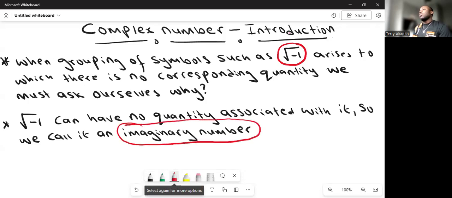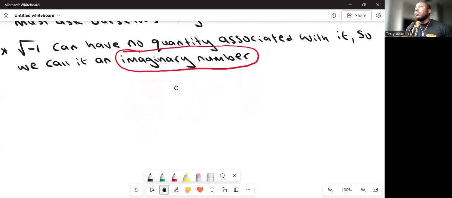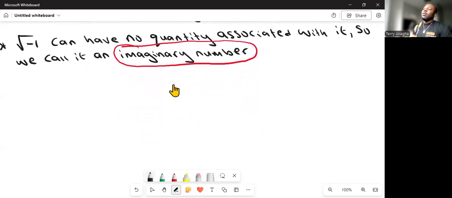So the quantity associated with this is what? An imaginary number. This is completely different from the real numbers that we have when we're talking about quadratic equations.